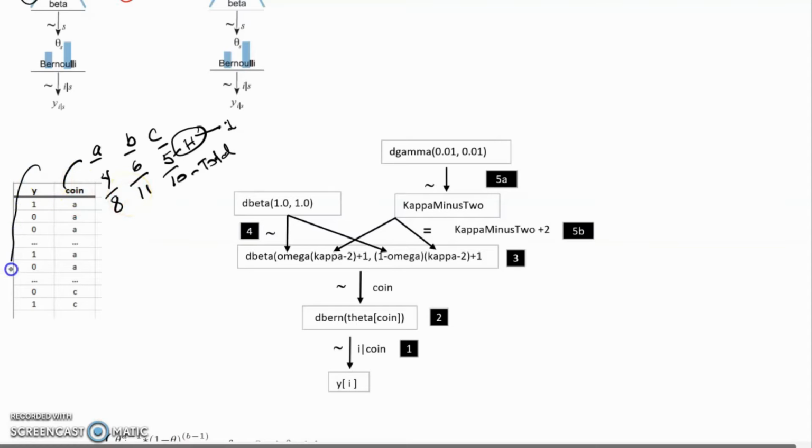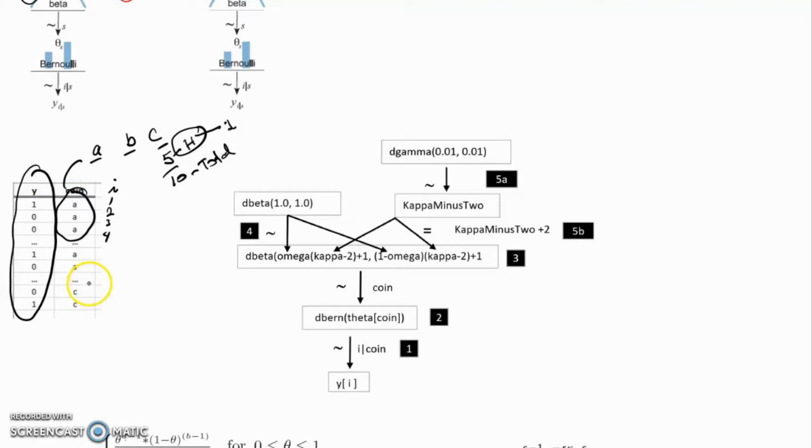So there's our data. Our data are going to be implicitly indexed by the row number, and then, at least we're going to have to figure out how to do this, we're going to have to somehow index them by the coin. So there's the data.